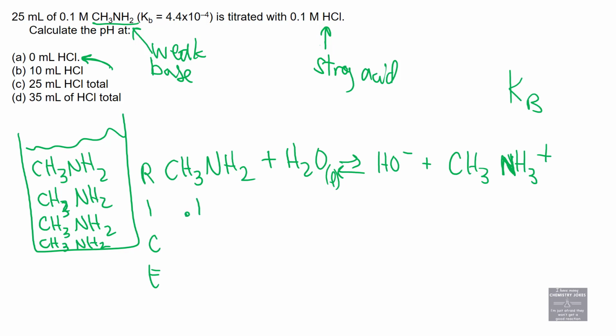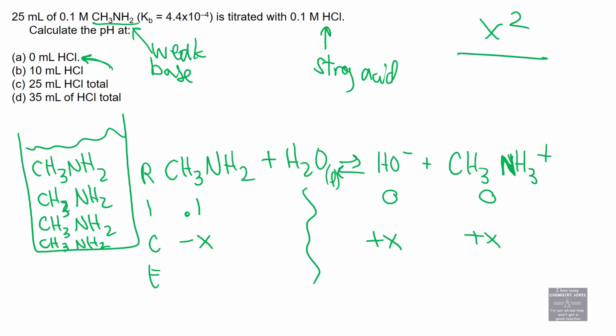If it's 0.1 molar of this, none of that, plus x, it feels like so long since we've done this, that's x squared over 0.1 minus x equals Kb, which is 4.4 times 10 to the negative 4. We can forget the bottom x because it's small, because K is small. Solve for x.